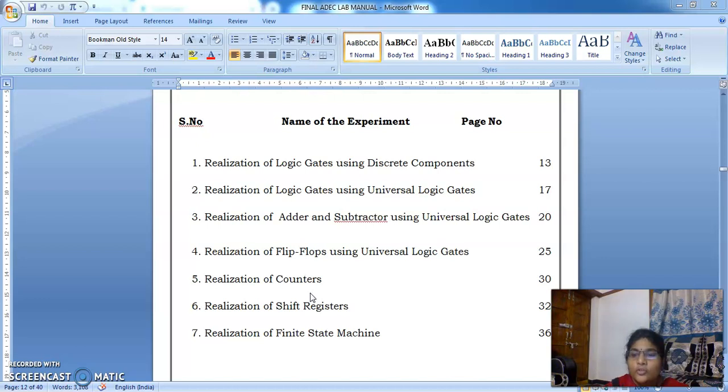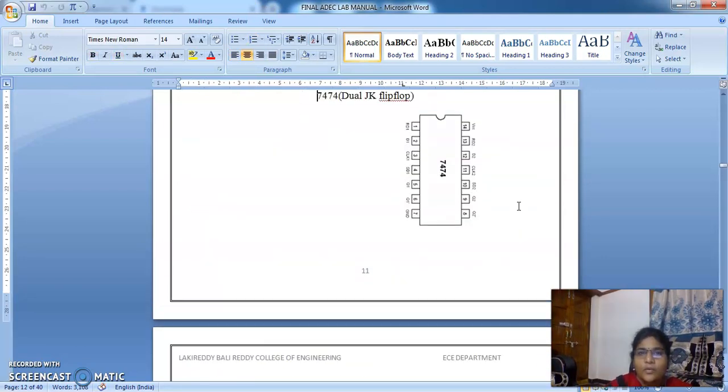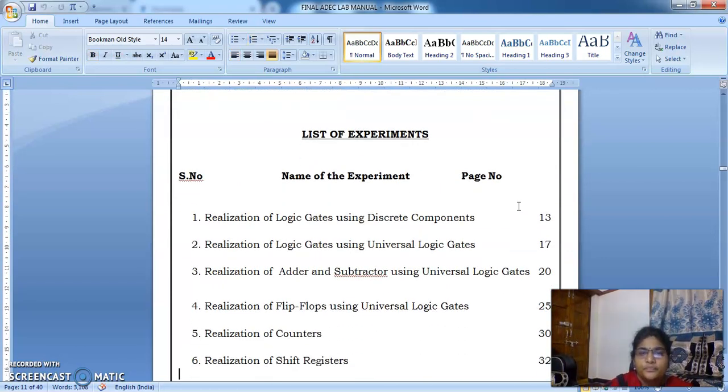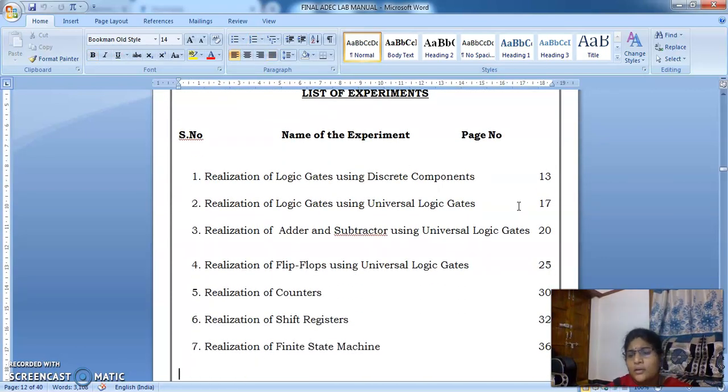Now I want to recollect all the experiments present in the digital electronic circuits laboratory. First one is realization of logic gates using discrete components.